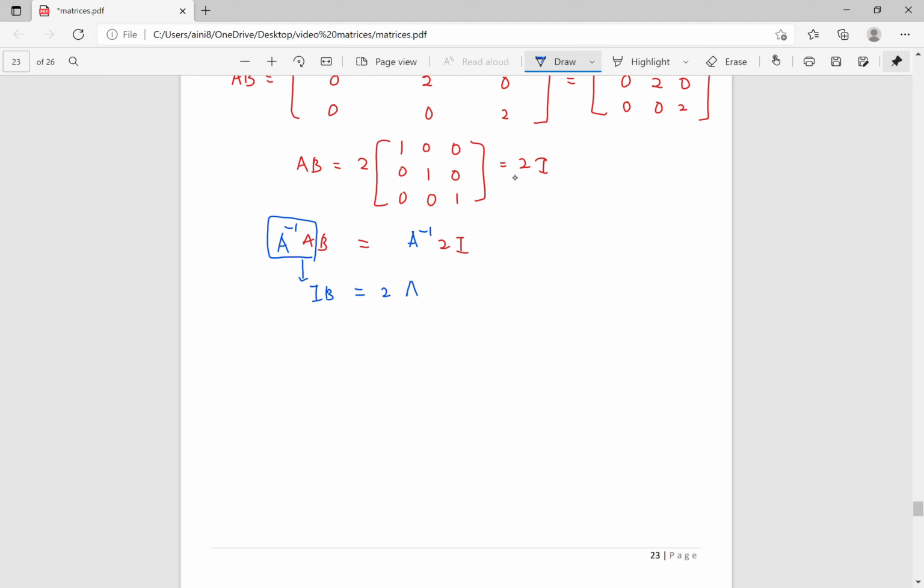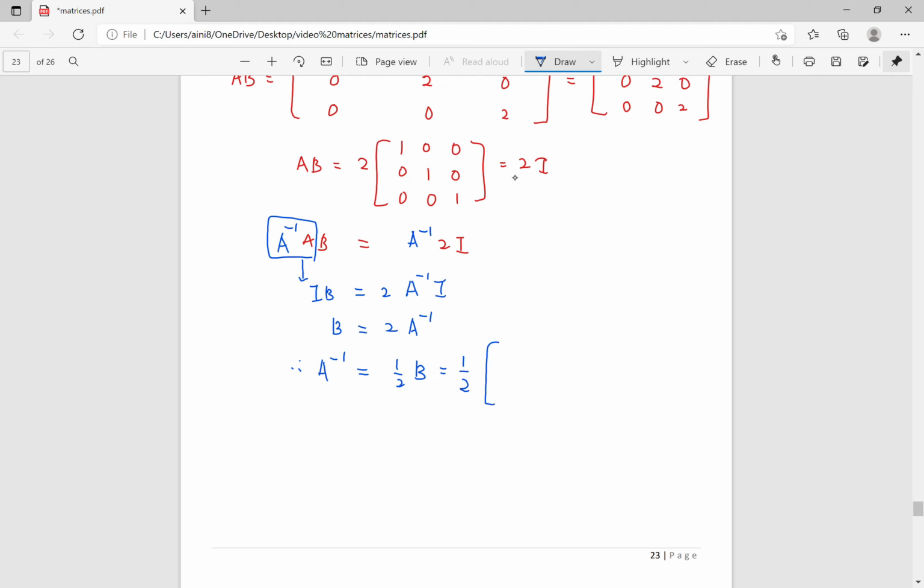Identity times B equals B. And A inverse times identity equals A inverse. So you will get A inverse equals 1 over 2 times B.